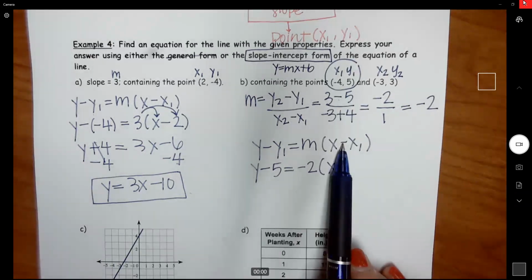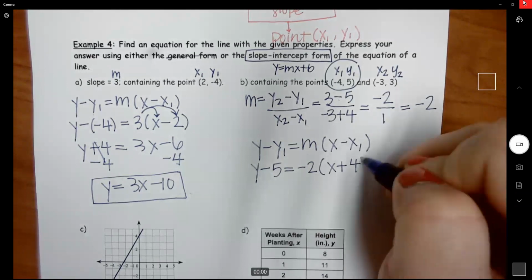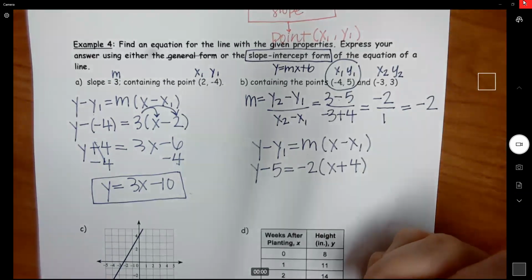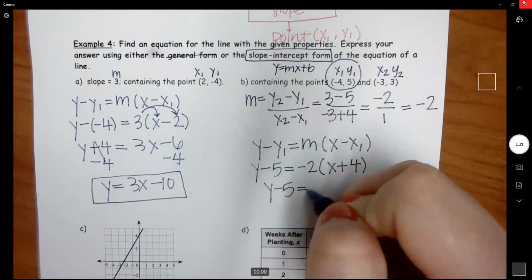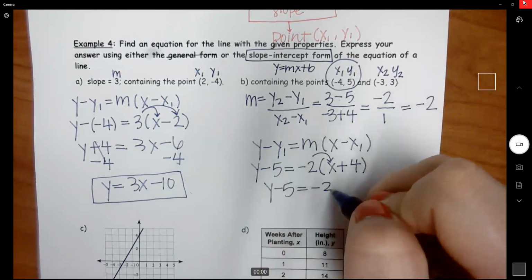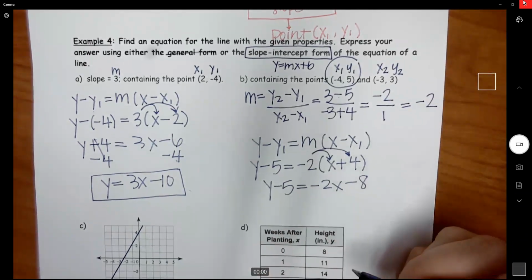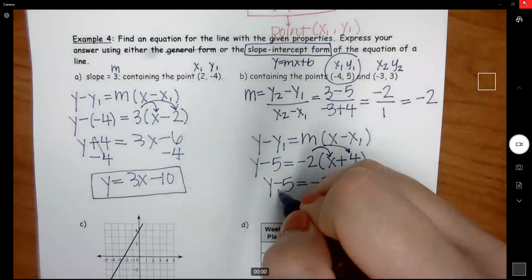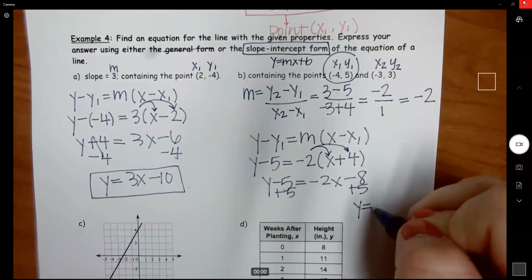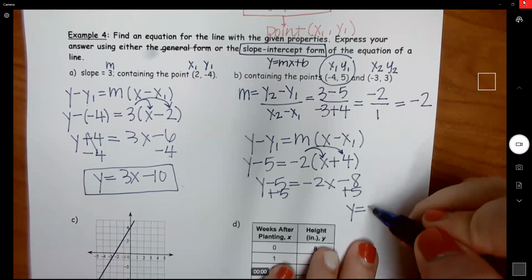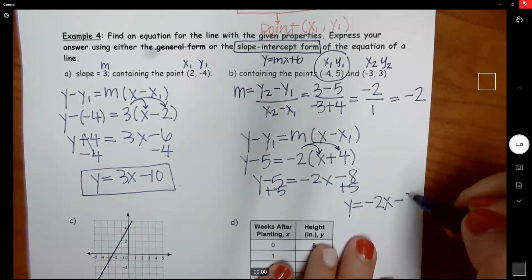So again, minus a -4 becomes +4. Let's distribute. We get -2x minus 8. And then to get y by itself, I'm going to add 5 over. So I get y equals -2x minus 3.